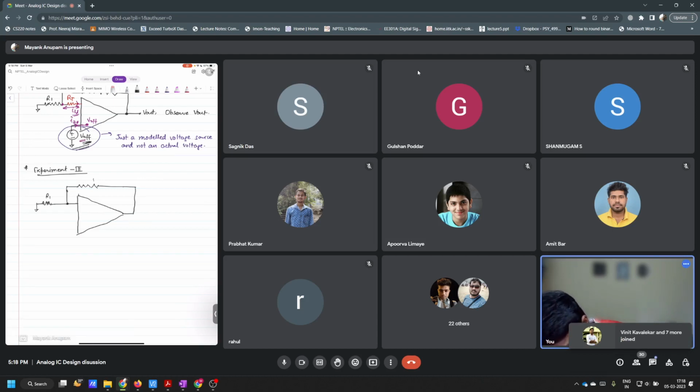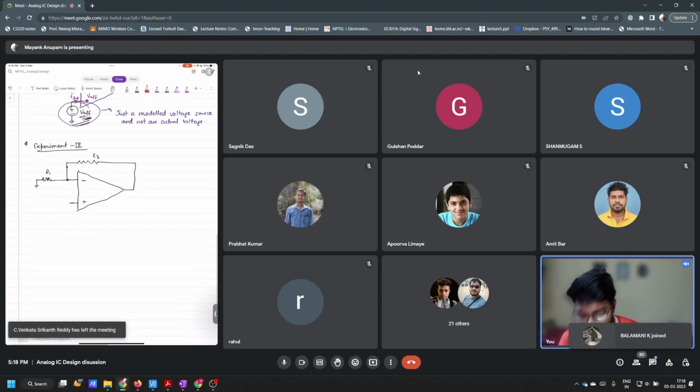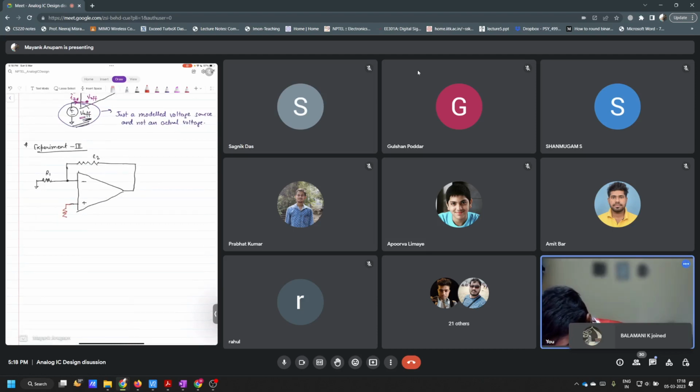This is R1, this is R2, this is minus, this is plus, and now instead of connecting it in the inverting terminal, you connect it here. This is RT, and you again have that modeled voltage source here, V offset. Is that clear?